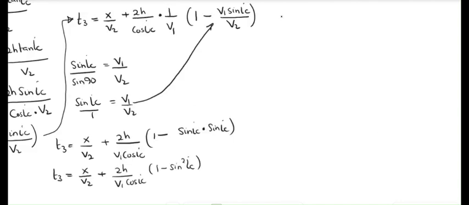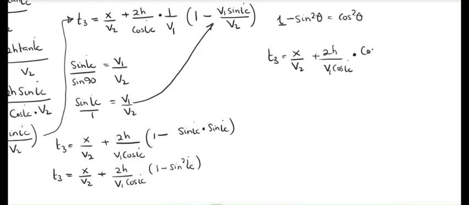If you clearly know your trigonometric identity, you know that 1 minus sine squared theta is equal to cos squared theta, right? And so T3 is equal to X over V2 plus 2H over V1 plus IC multiplying cos squared IC. So one of these will cancel one of these. So T3 is equal to X over V2 plus 2H over V1 multiplying cos IC.